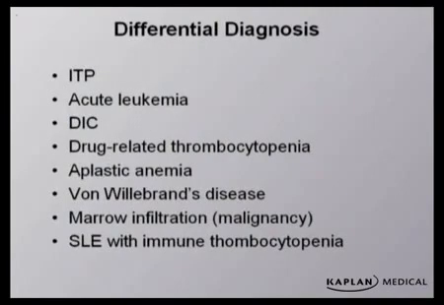So, well, what's our differential diagnosis? Well, if this is only an isolated problem with the platelets, then you have to think about immune thrombocytopenic purpura. ITP, immune thrombocytopenic purpura, is an isolated problem with the platelets where there's antibodies produced against the platelets.